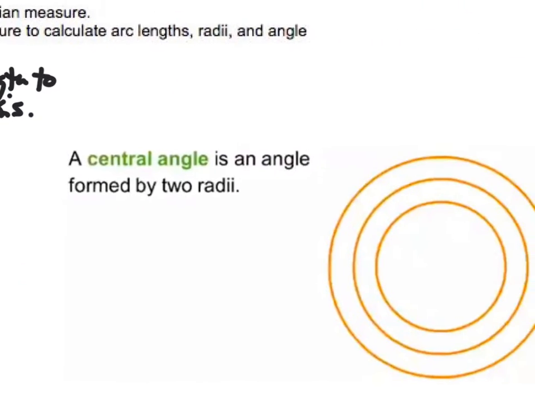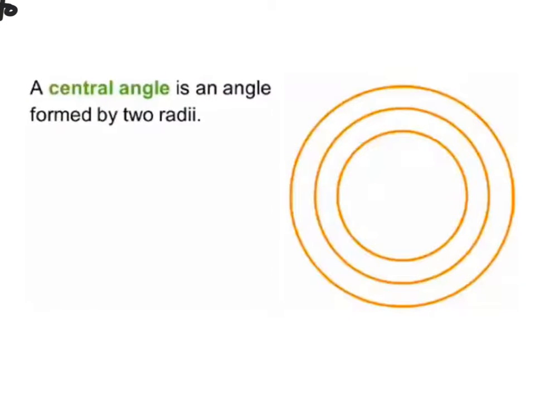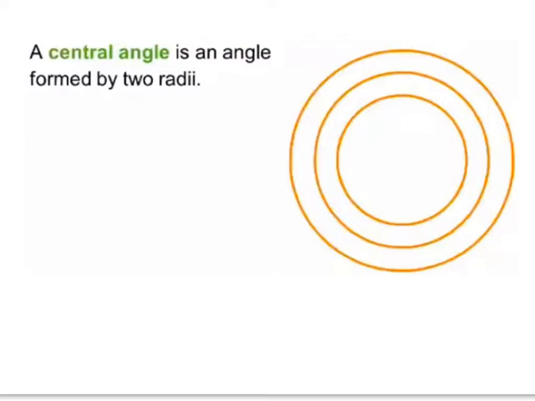By definition, what I want to talk about is how we get a radian measure. If I have a circle here, and let's say I have two radii that intersect at this point, I'm going to call this R sub 1.